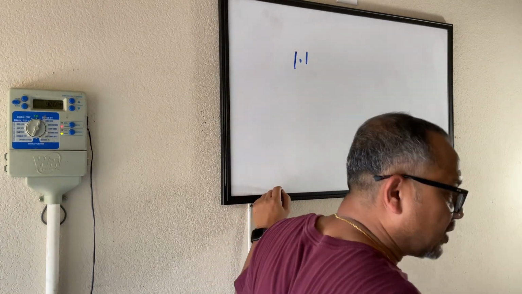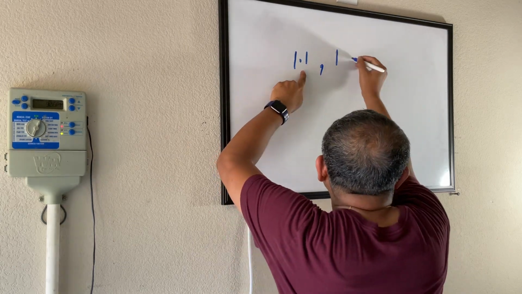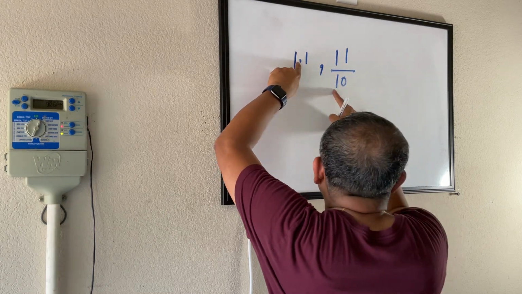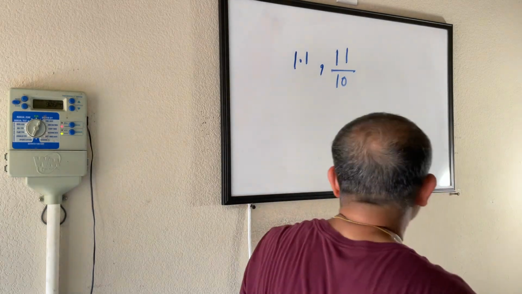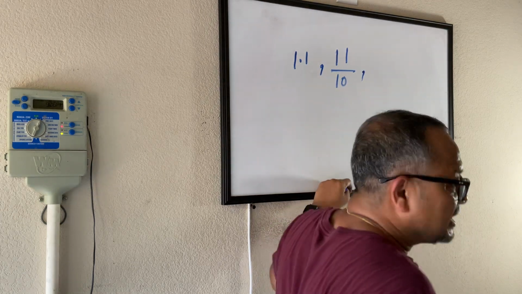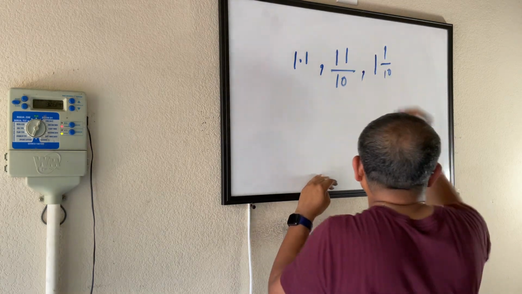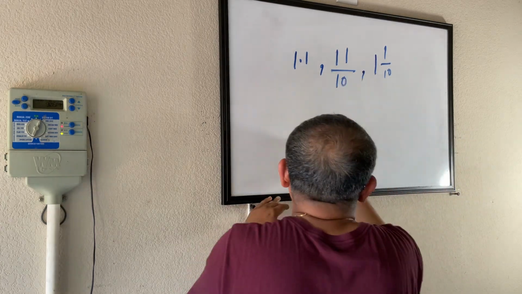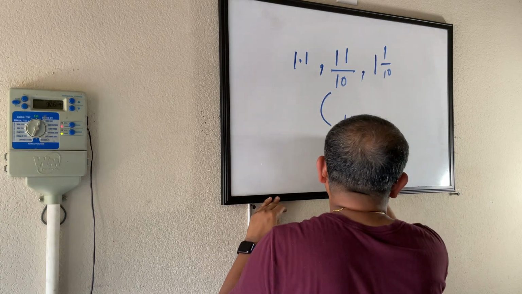1.1. Okay? Some of you said I can just convert this decimal to a fraction, right? I wrote 11, and then 1 for the decimal and then 10 for one digit: 11 by 10. That's what Ved said. Then the second thing that Kian said was 1 and 1 by 10. And how do I get that? I have 11 by 10. How do I break it down?